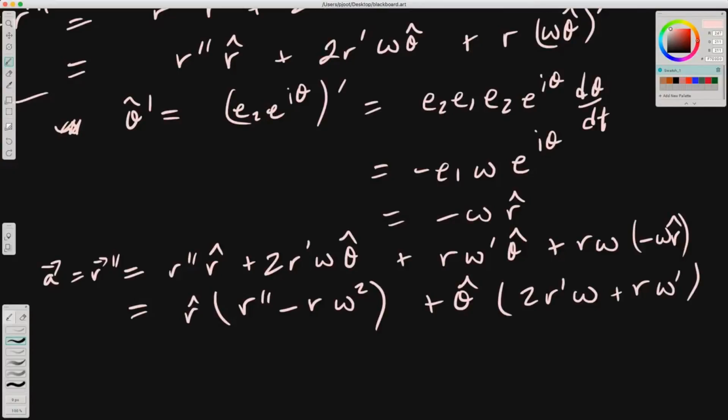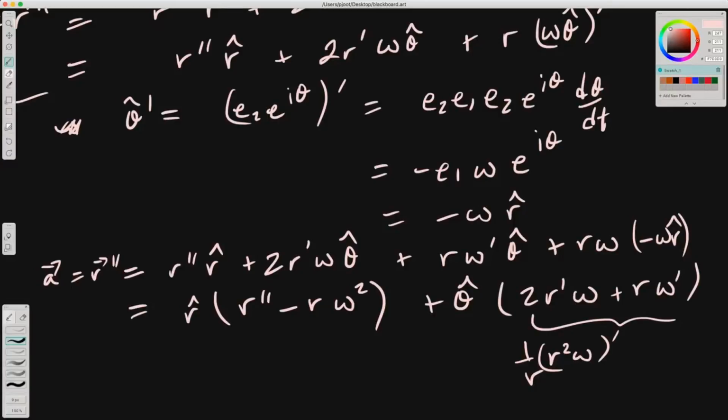Now, this term is often rewritten as r squared omega prime with 1 over r. So we have 2r squared divided by r, which is 2r prime omega plus the r omega prime divided by r squared omega prime divided by r, which is the r omega prime.